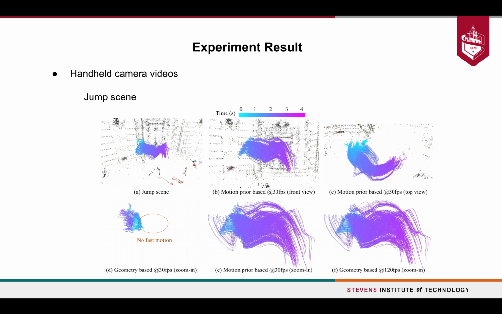And then he does some other motion. This is a jump scene motion, and in this he tries to compare using motion prior at 13 frames per second.